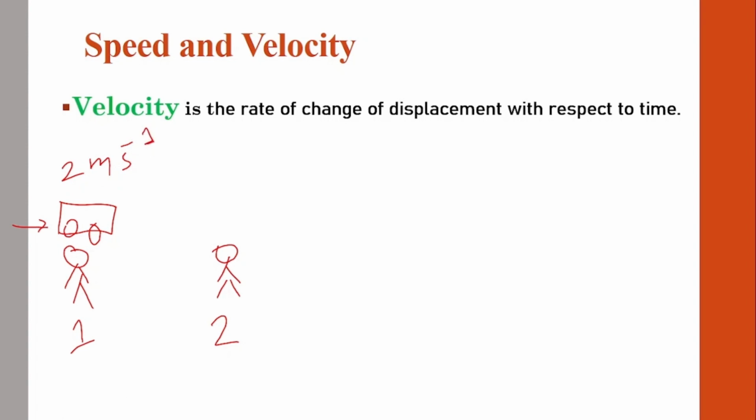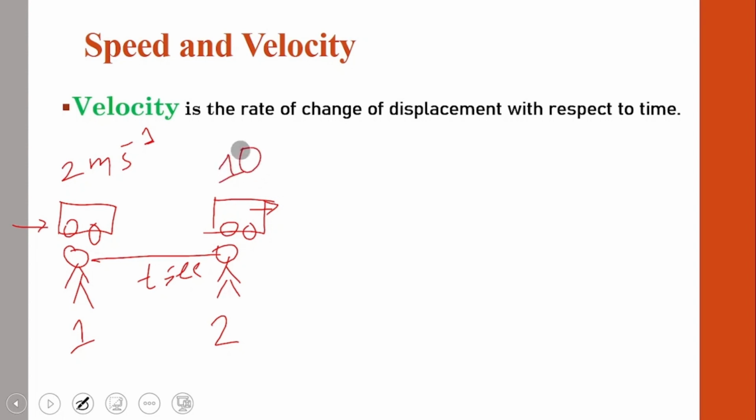Then after time t seconds, the bus is crossing person two, and person two observes the velocity of the bus to be 10 meter per second. That means in 1 second it was traveling 10 meter.